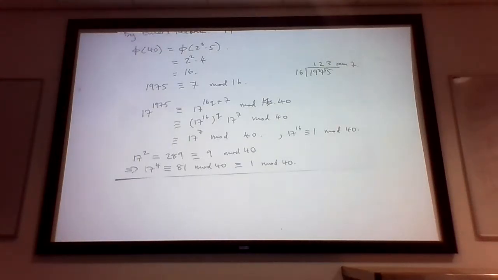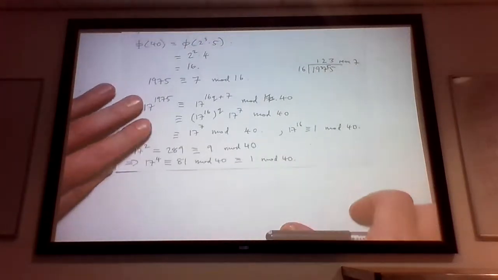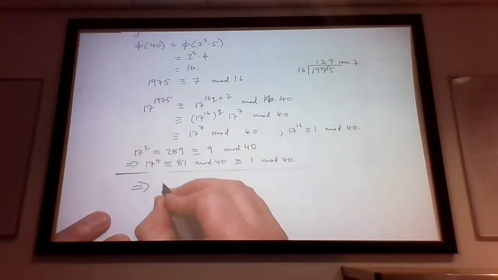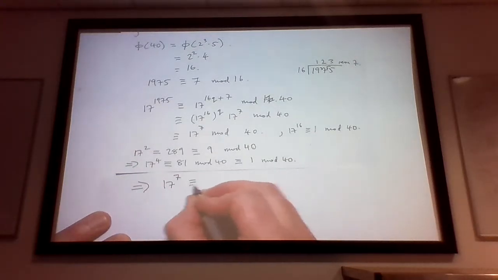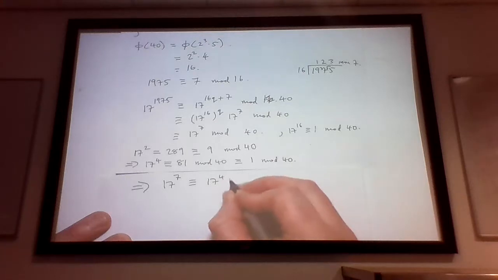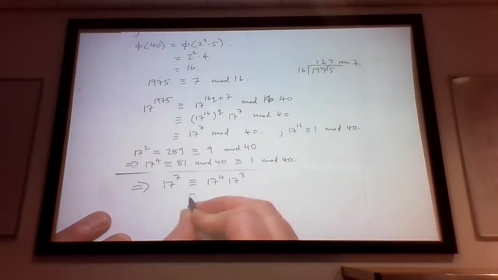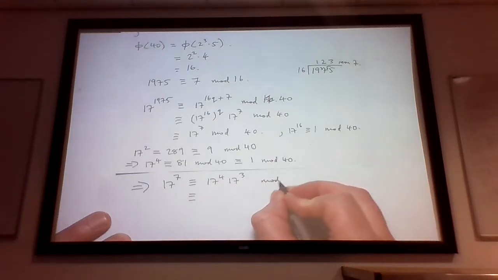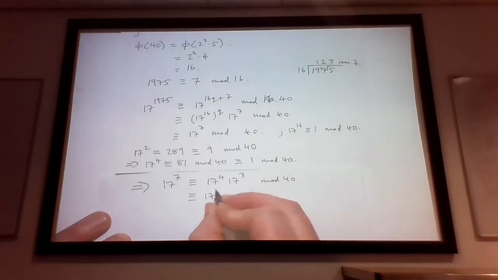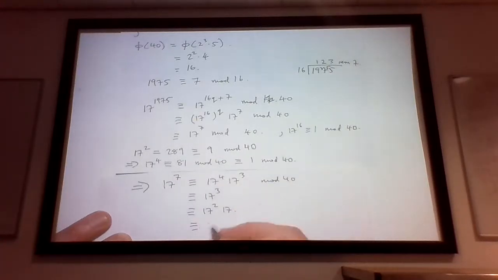So that implies 17 to the power 7 is congruent to 17 to the power 4 by 17 cubed mod 40. This is just congruent to 17 cubed, because 17 to the power 4 is 1. Well, that's just congruent to 17 squared by 17. 17 squared, I already know, is 9.